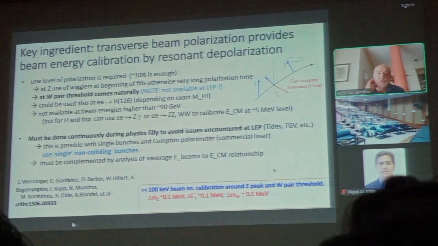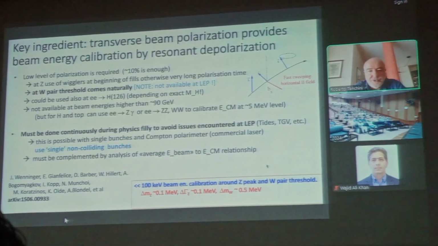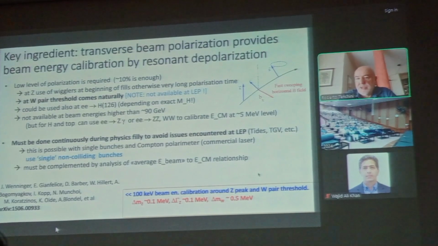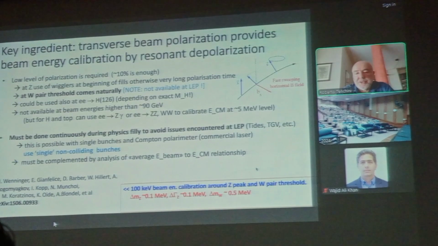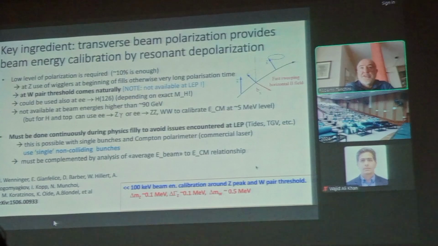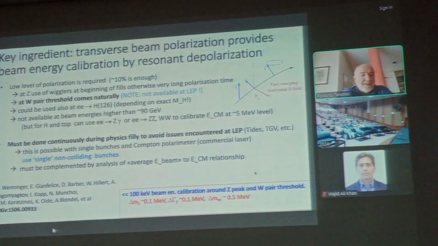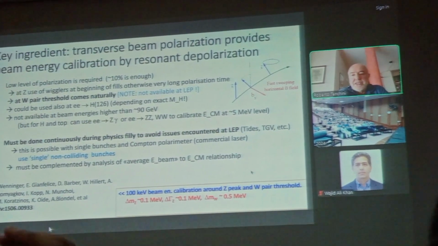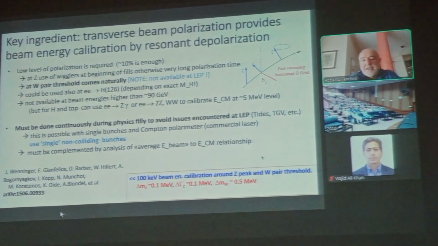The fact is that you have the potential of knowing the center of mass energy of the beam much better than was done in previous classical accelerator colliders. How is the center of mass energy measured? You have to reach this kind of precision. When you have a circular collider, there is emission of synchrotron radiation, and this builds up a transverse polarization in the beam, and this is the so-called Sokolov-Ternov effect.